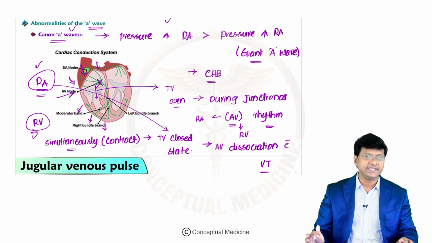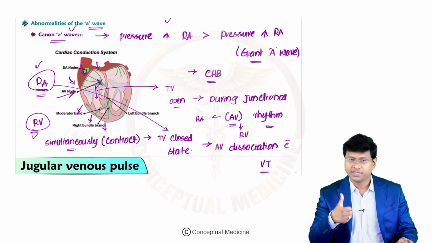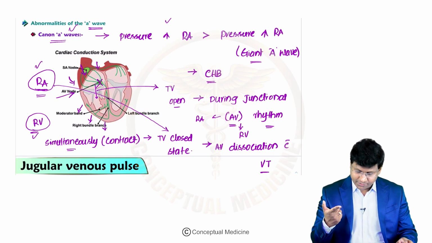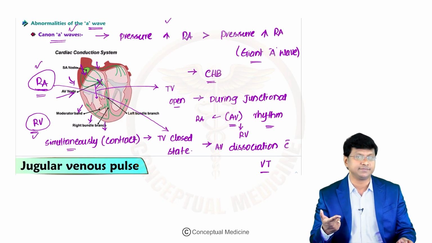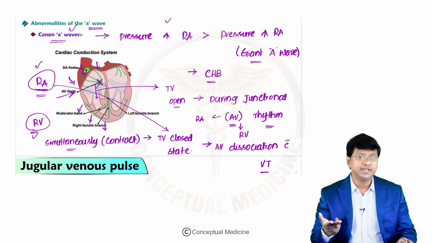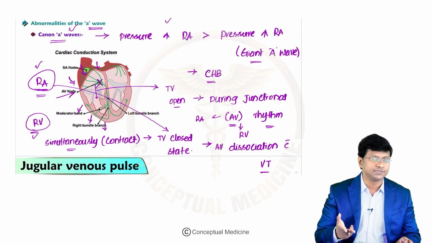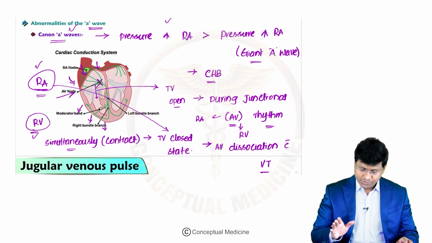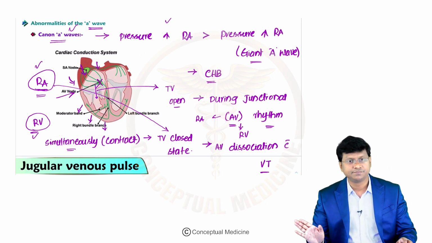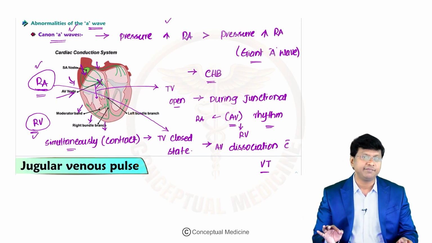Okay, so these are the three conditions. Number one, complete heart block. Number two, junctional rhythm. Number three, atrioventricular dissociation with ventricular tachycardia. So these are the conditions where you will have the presence of the Cannon A wave.